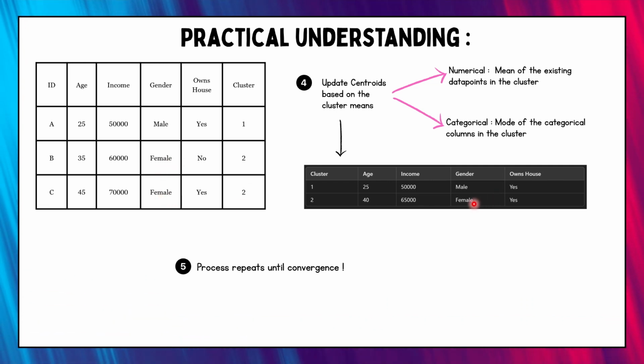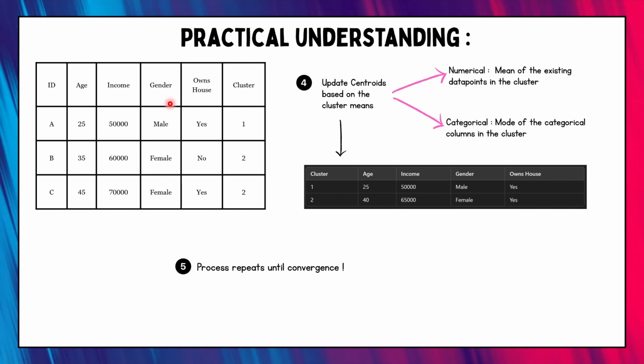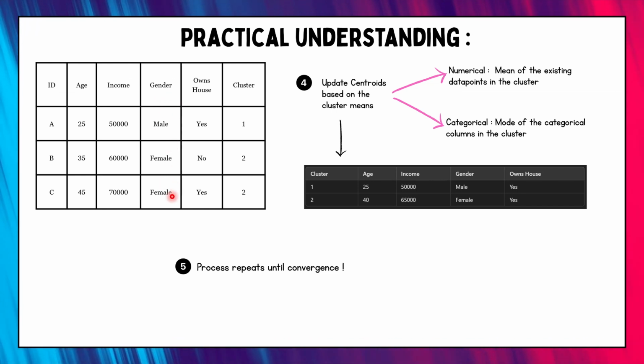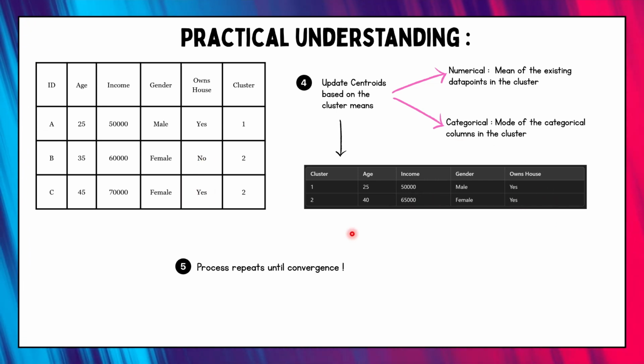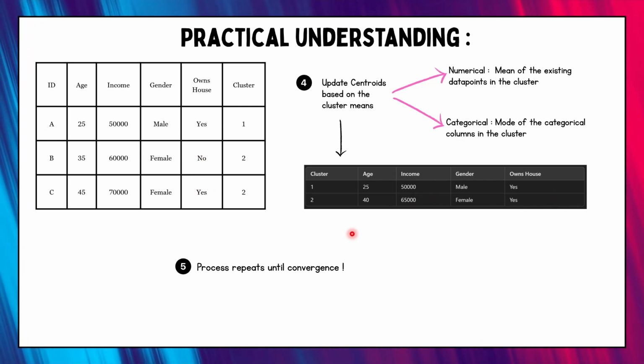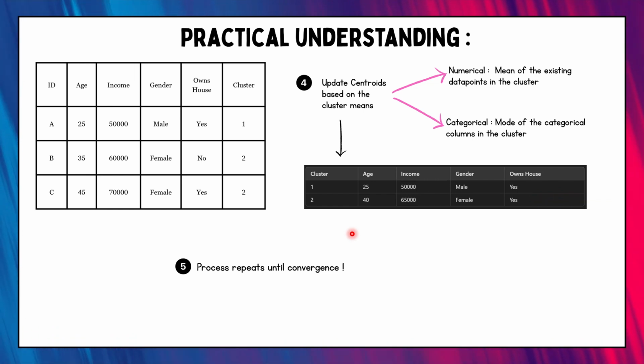So obviously the centroid's gender value will be female. In case of Owns house, it is yes and no, equal values. So we can't really get a mode. So we can just assign yes or no depending on what it picks. That doesn't really matter now, okay? But obviously, this is a very small data set and we won't deal with such an issue in real world data sets, right?